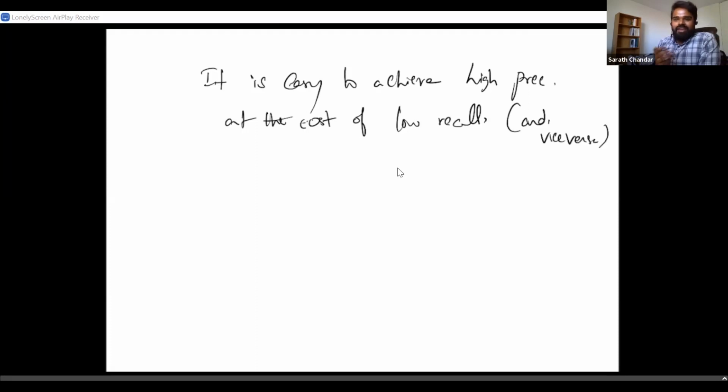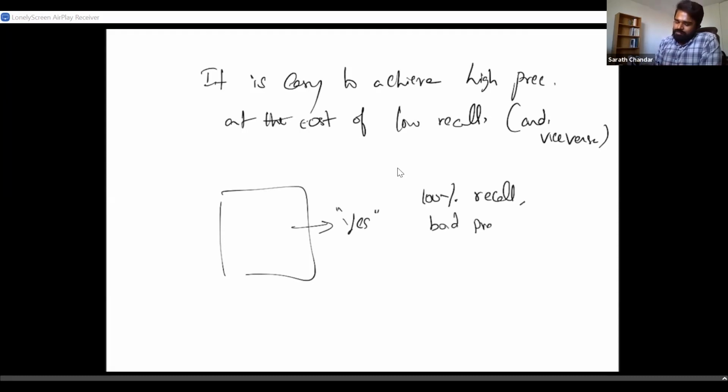I can give you the best example classifiers for this. Let's say I have a classifier which by default always says yes. This classifier would have 100% recall, but very bad precision, right?